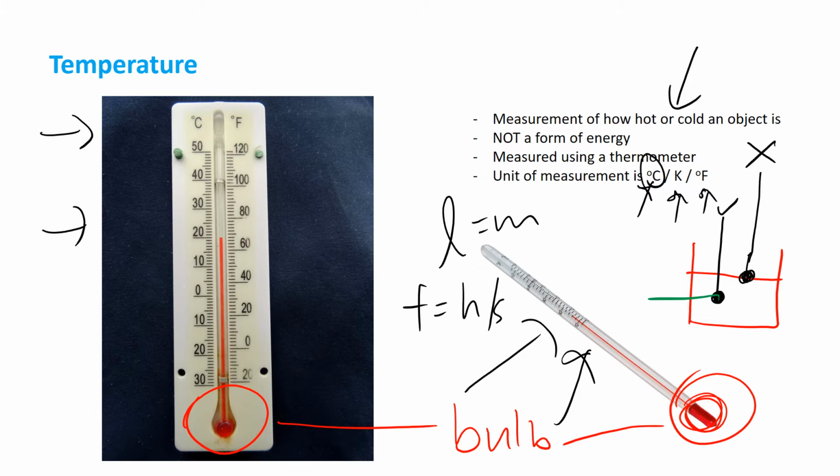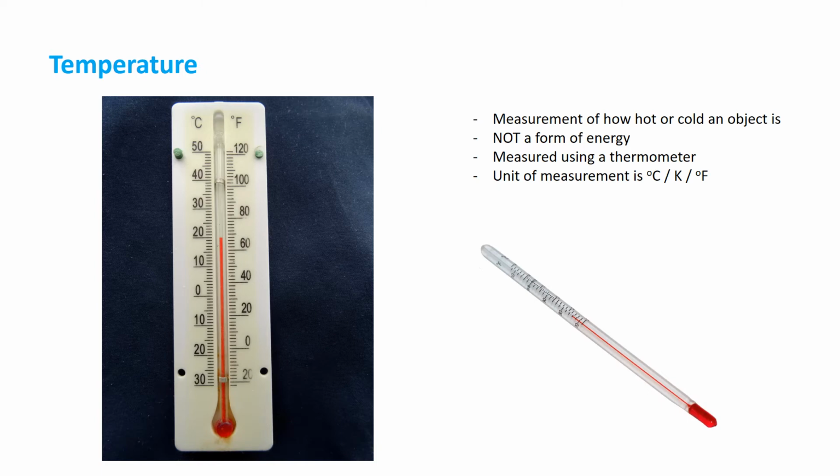Alright? And on top of that, when you are measuring, you have to make sure that you are reading the temperature at eye level. So let's look at this thermometer over here. So eye level meaning you have to read it like that. Your eyes, oh, it's the other way around. Let me just erase this and get a thinner one.